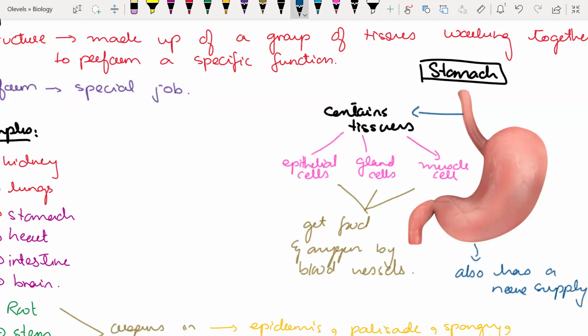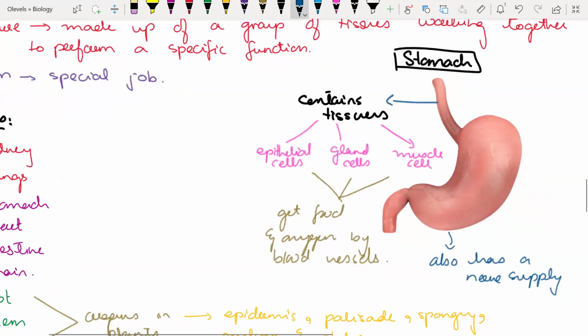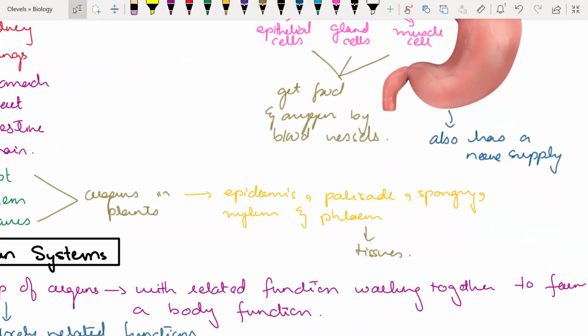One could be epithelial tissue, the other could be gland cells, or there could be muscle cells as well. They are grouped together and perform tasks that are helpful for the stomach. These cells get food and oxygen through the blood vessels, right? And the stomach also has a nerve supply.